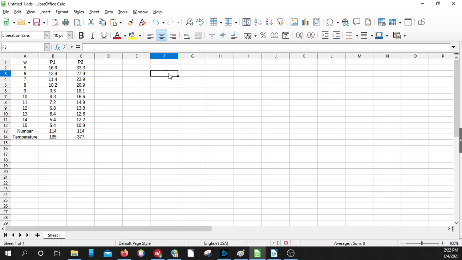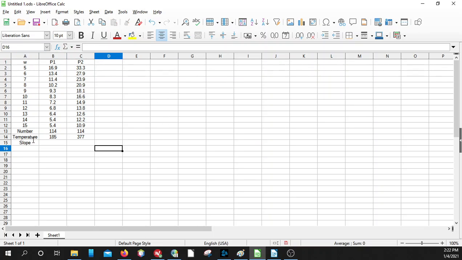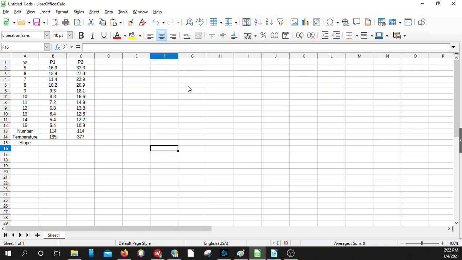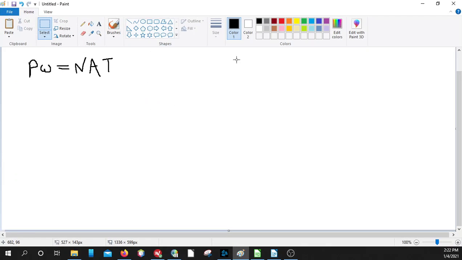But the idea is we want to linearize the data. And what I'm going to do is here, I'm going to write down slope. We're going to need that. So, yeah, let's go back to the equation. This is something I know students sometimes struggle with initially.